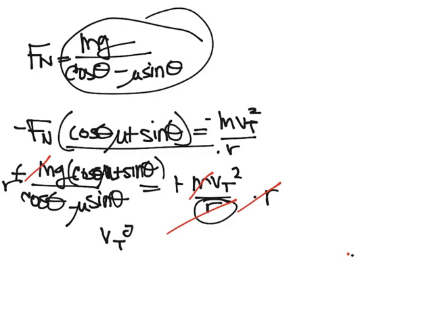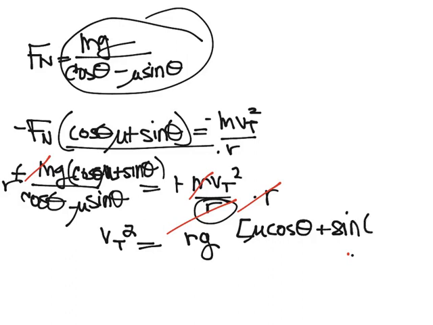I have Vt squared is equal to rg, and then it's times mu cosine theta plus sine theta divided by cosine theta minus mu sine theta.